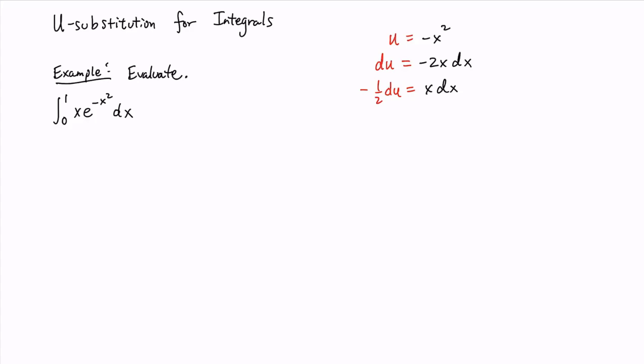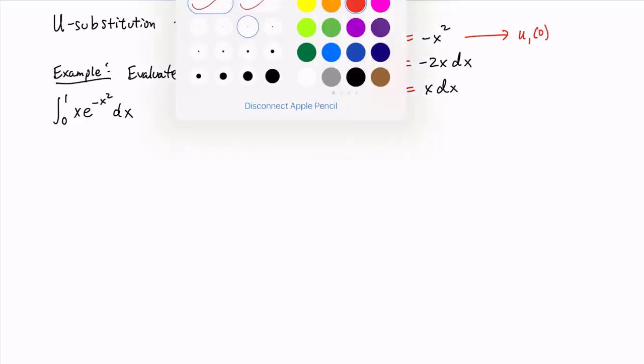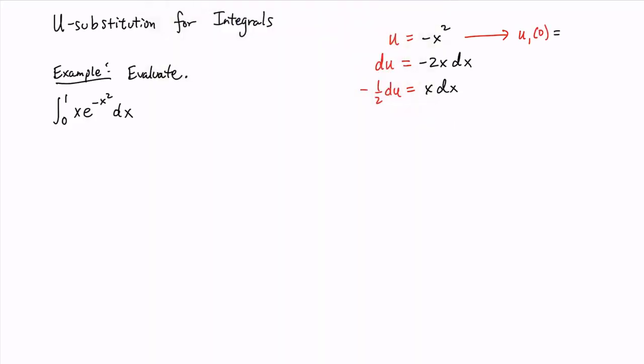Okay, now we also need to make sure our x values get turned into u values. So here x1 is equal to 0, x2 is equal to 1, so we need u1. Let's find u1. So u1, evaluated at 0, is simply going to be the opposite of 0 squared.